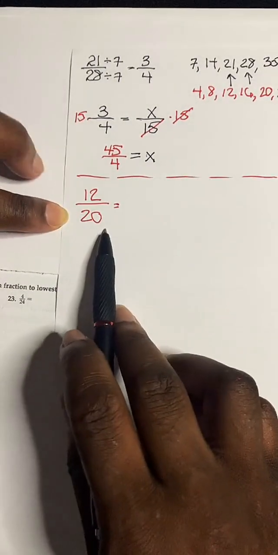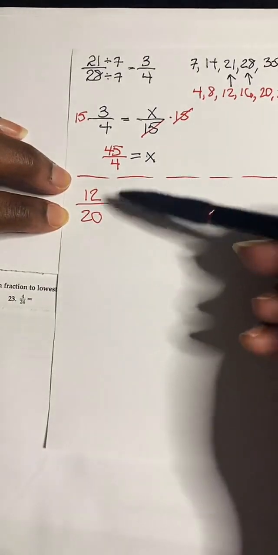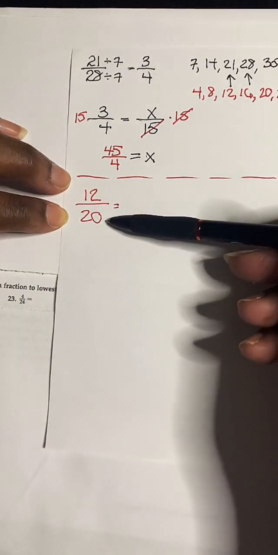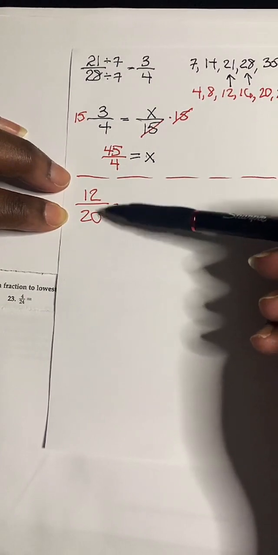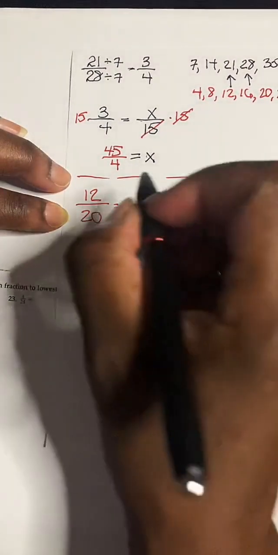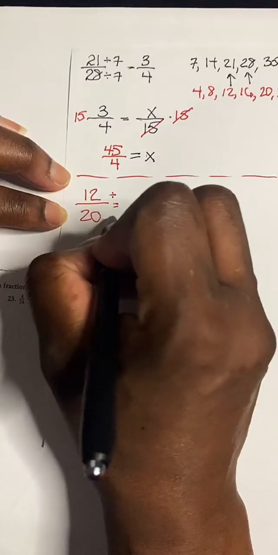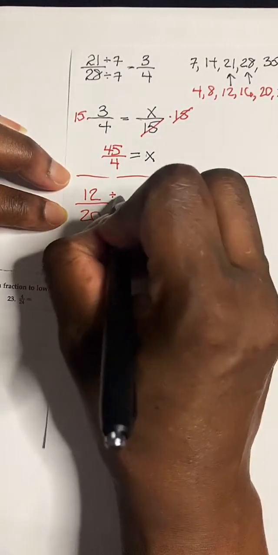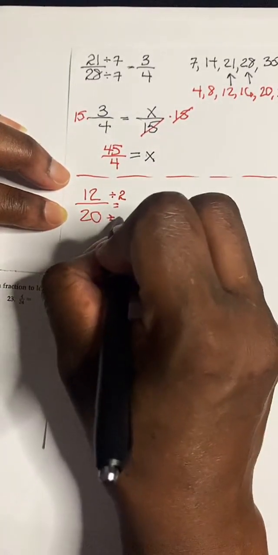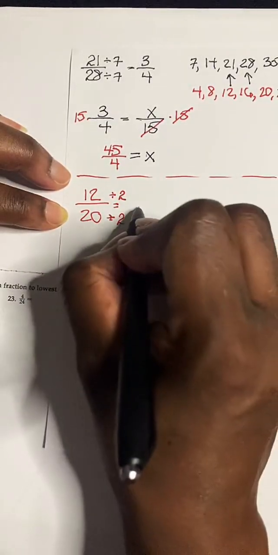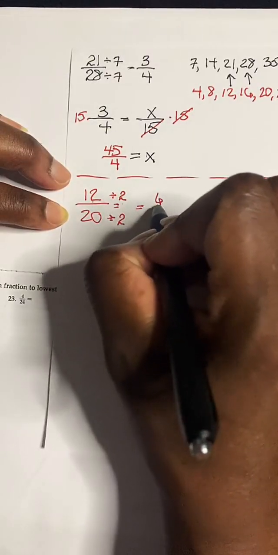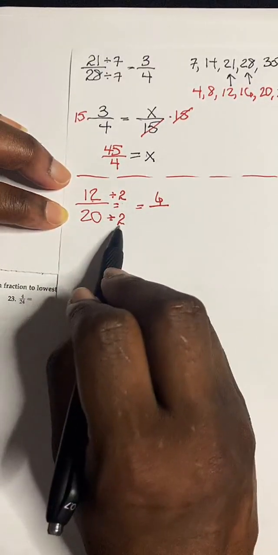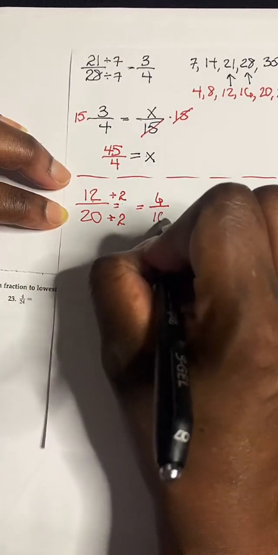Okay, so now we got to take a look. Both 12 and 20, they're both even numbers. So this is one way that you can do it. Since they're both even numbers, a majority of even numbers are divisible by 2. I know it's something else, just work with me. Okay, it's divisible by 2. So if I divide by 2, 12 divided by 2 gives me 6, and 20 divided by 2 gives me 10.